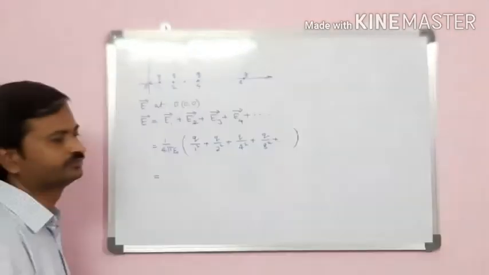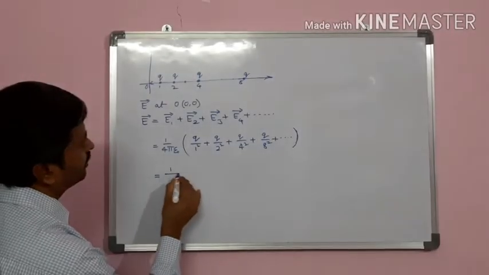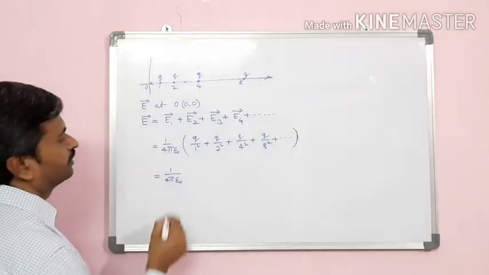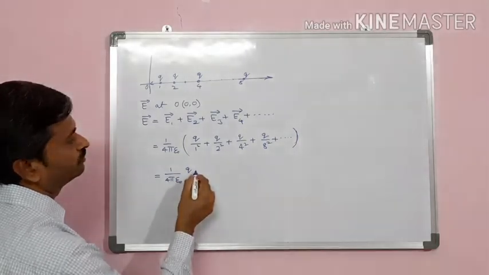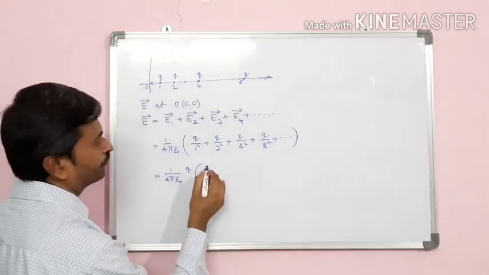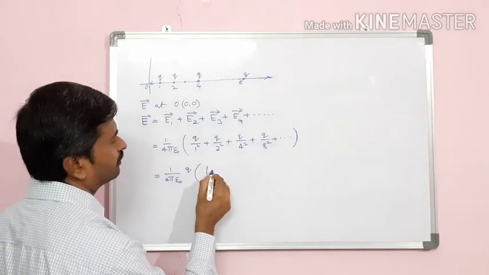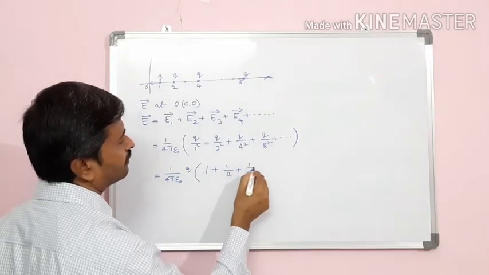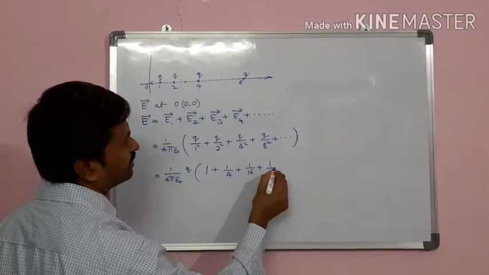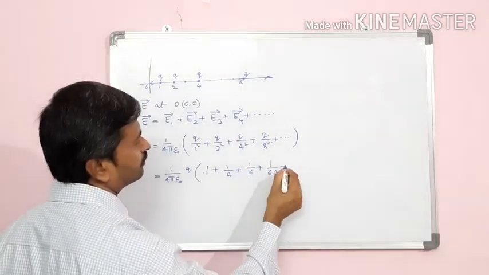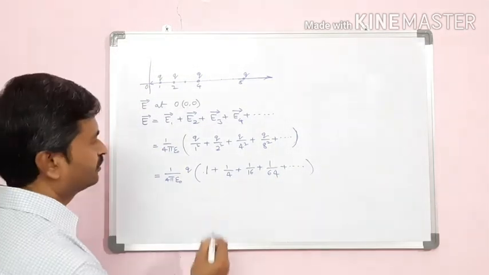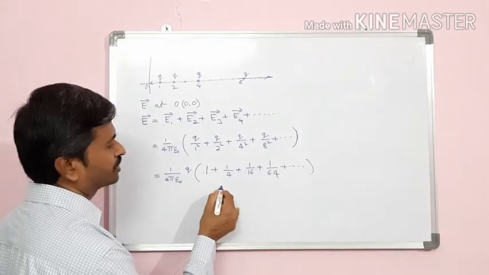So that is equal to 1 by 4 pi epsilon naught into Q into 1 plus 1 by 4 plus 1 by 16 plus 1 by 64 plus and so on. Now if you observe this, this is in geometrical progression.